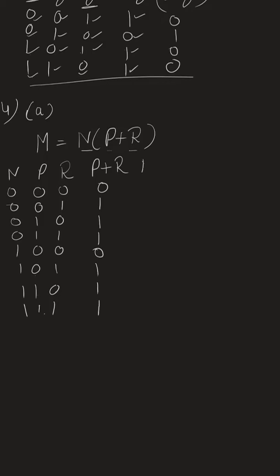Now N times (P plus R), so multiply with the N. So 0 multiply 0 is 0, 0 multiply 1 is 0, 0 multiply 1 again 0, 0 multiply 1 is 0, 1 multiply 0 is 0, 1 multiply with 1 is 1, again 1 multiply with 1 is 1, and 1 multiply with 1 is 1 also.